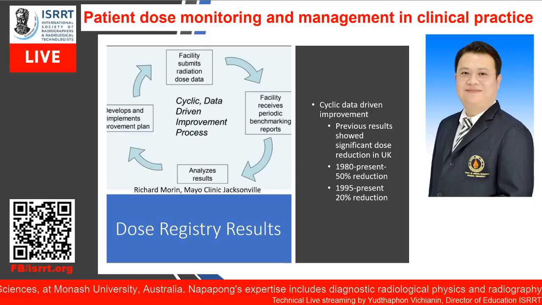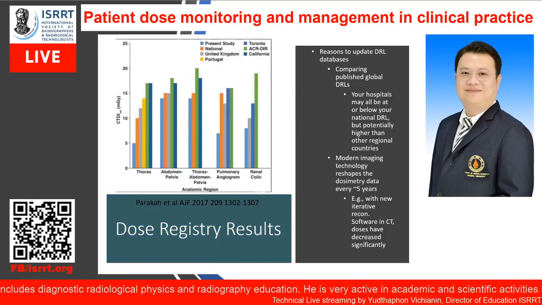In this cyclic data-driven improvement, this is from UK data. Back in the 1980s, there was a 50% dose reduction when you monitored it, and in the 1990s it's a 20% reduction. That's the good thing. If you look at the graph of the dose registry result, when you get the benchmarking result, you see how much you exposed, in this case CTDI volume.